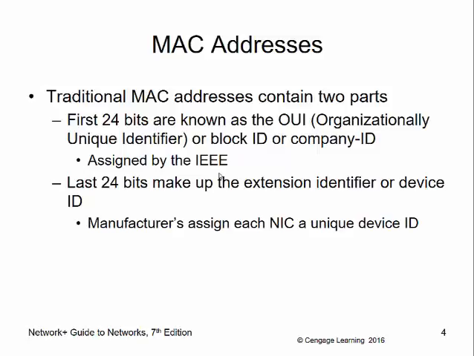If you're a manufacturer of network cards, like Intel, Microsoft, Dell, HP, Apple, whatever, you apply to IEEE, and you get an OUI assigned to you. That's for your company and your company only. Now, big companies like Apple, they have whole blocks of OUIs, but they're the only ones who are allowed to use those particular values.